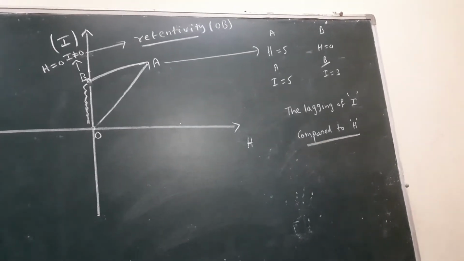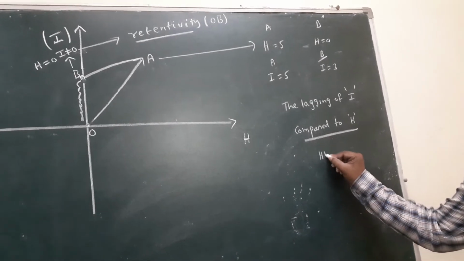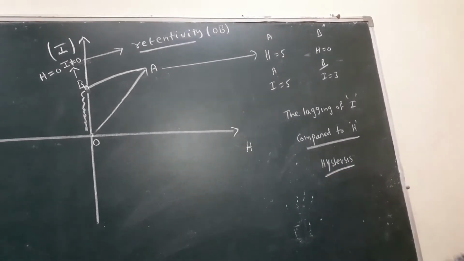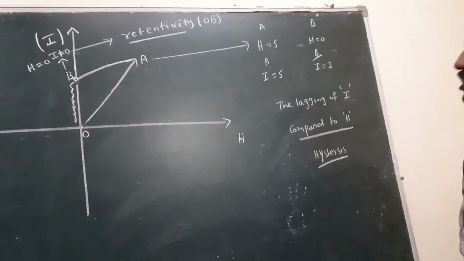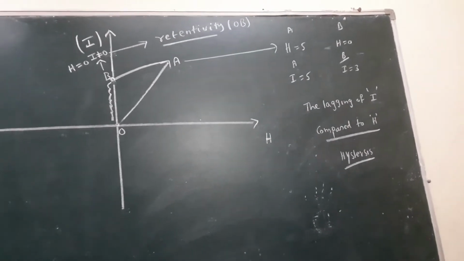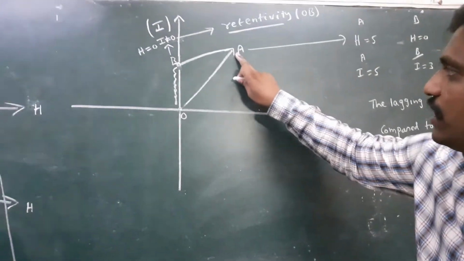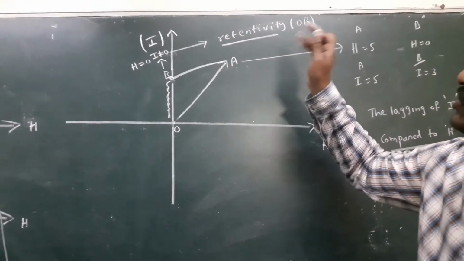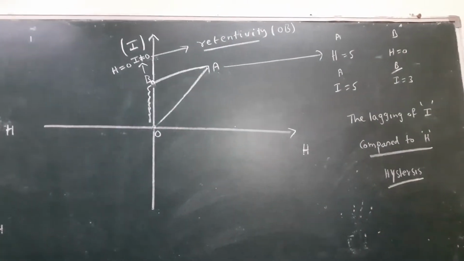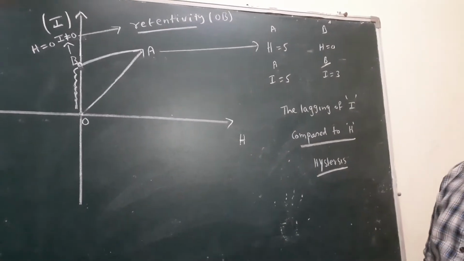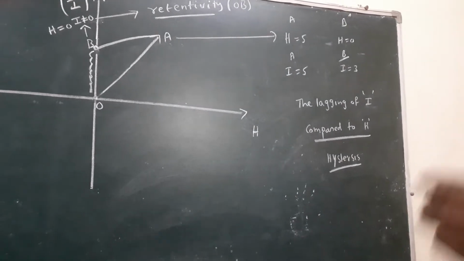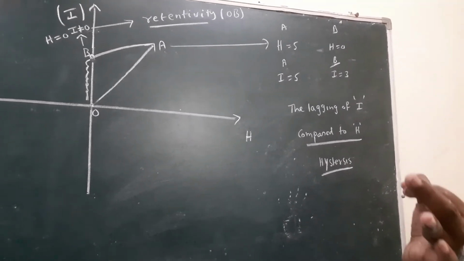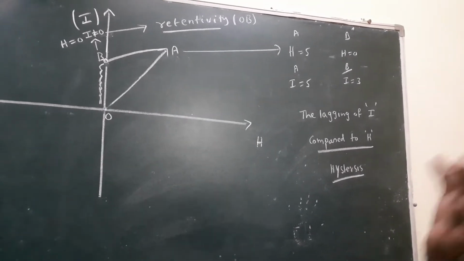This phenomenon is called hysteresis. What is hysteresis, nana? Hysteresis means H increases, I also increases up to O to A, but after it reaches the maximum value, H decreases, I also slightly decreases, finally H becomes 0, I does not become 0, and the value of I is called retentivity.